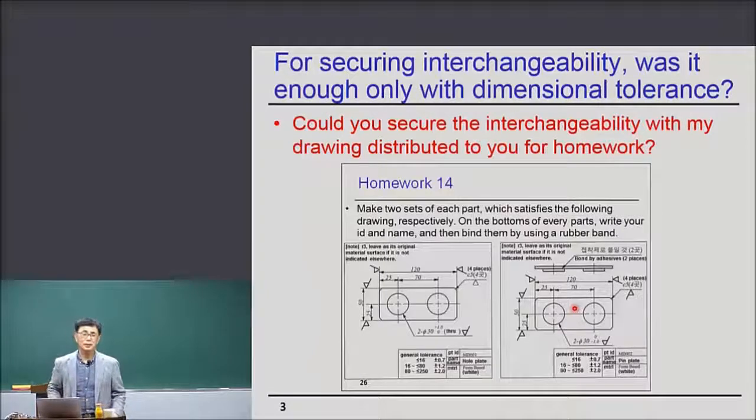So at the time, what was the checkpoint? At the time, you have to consider the worst case. What is the worst case? Though it is a random selection, you select the MMC hole plate and the MMC pin plate. What is the MMC pin plate? MMC is material maximum condition, so the size of the pin is largest, right?